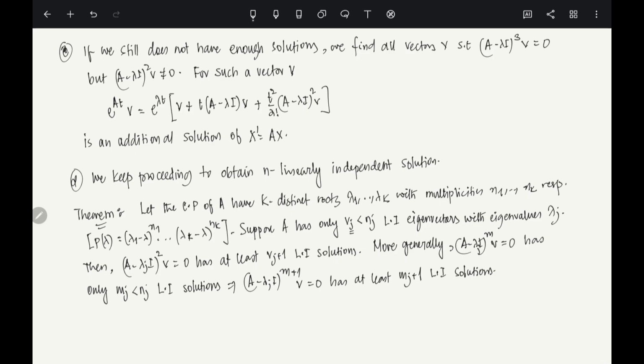So if (A minus lambda j I) to the power m equals 0 has mj linearly independent solutions, then if you take the power m plus 1, it will have at least mj plus 1 linearly independent solutions. It is very important: at least mj plus 1. So from this lemma you can see this.